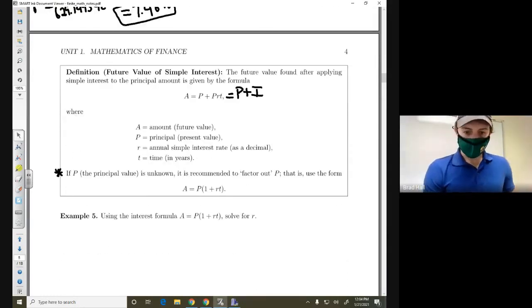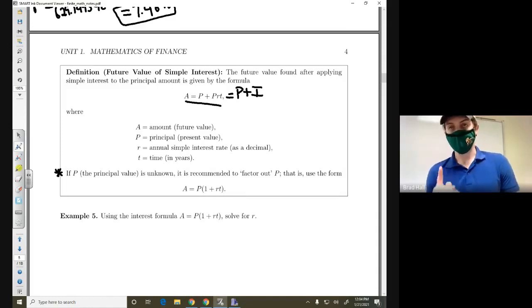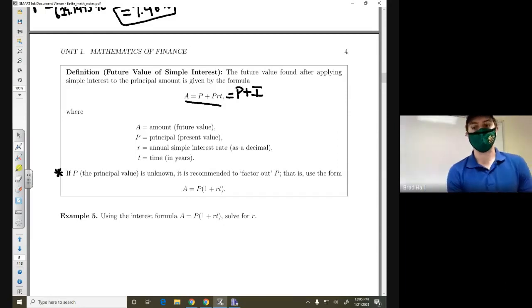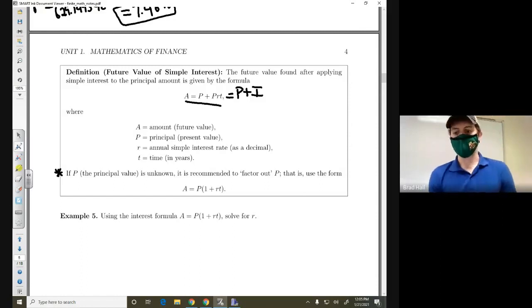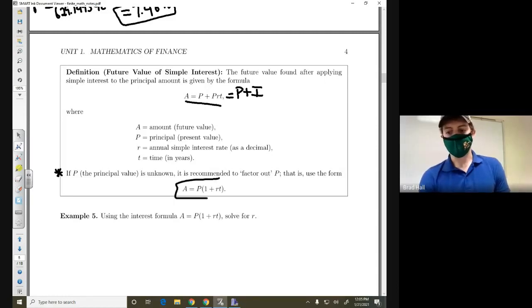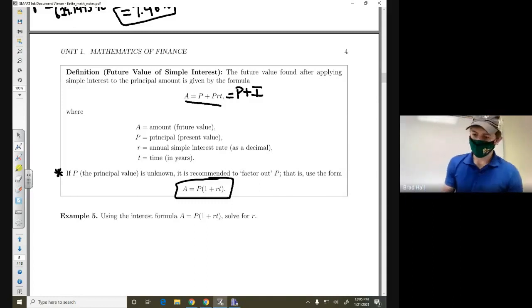What this footnote says, if you're using this formula up here and it asks you to find P, the principal value, then the first step you should do is factor out the P. So this is an algebra idea of factoring out, or in other words, use this form if you're looking for P only. If you're looking for A, R, or T, don't use that form. If you're looking for P, well, guess what? Use that form. And we'll see this later on.